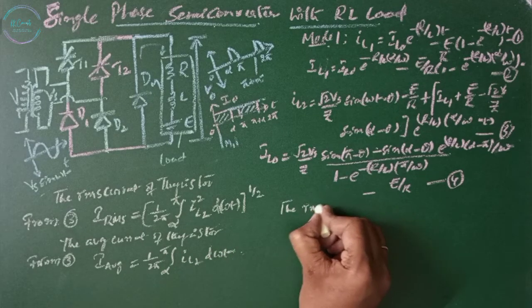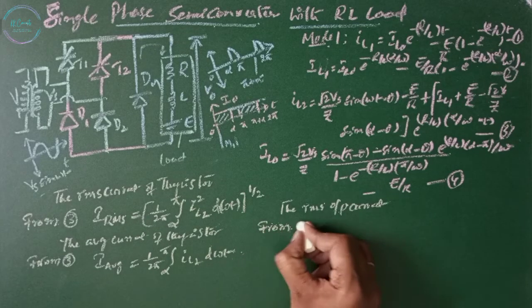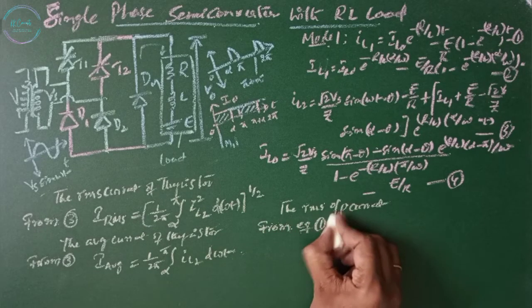The RMS output current can be found from equations 1 and 3.